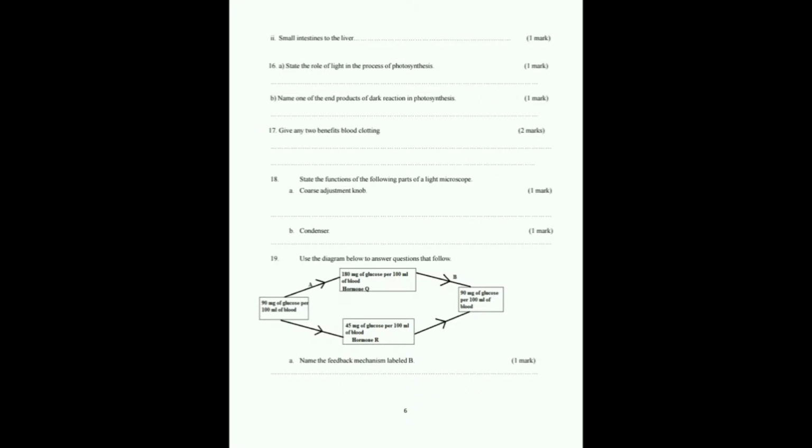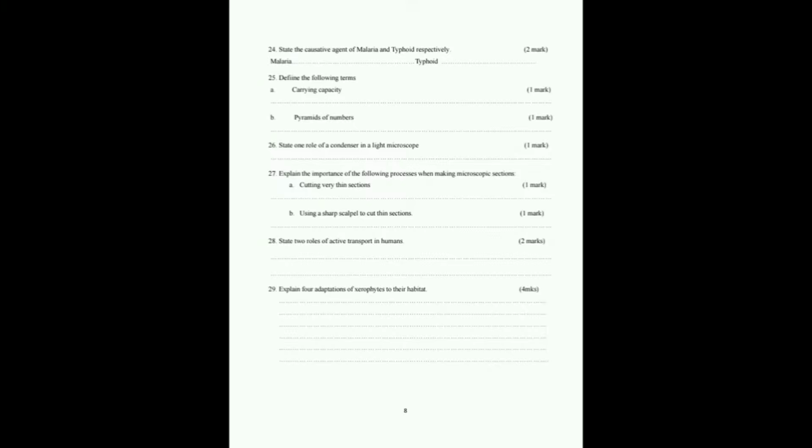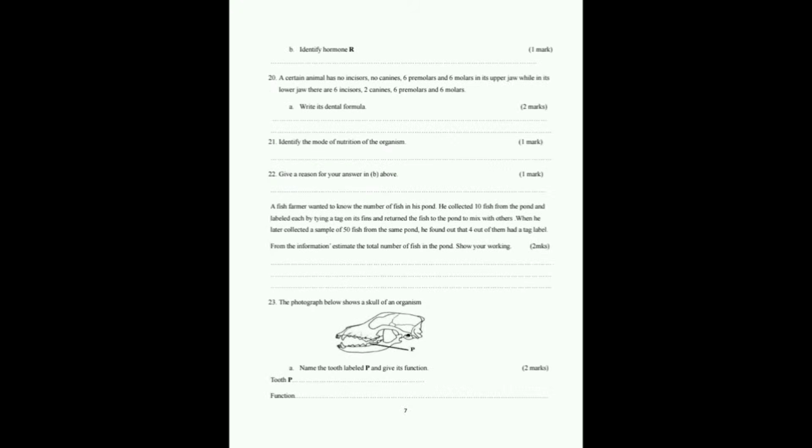Number 20. A certain animal has 0 incisors, no canine, 6 premolars, 6 molars in the upper jaw, while in the lower jaw there are 6 incisors, 2 canines, 6 premolars, and 6 molars. Write the dental formula. You're supposed to write it as it is. On the upper side, there are 0 incisors, 0 canine.